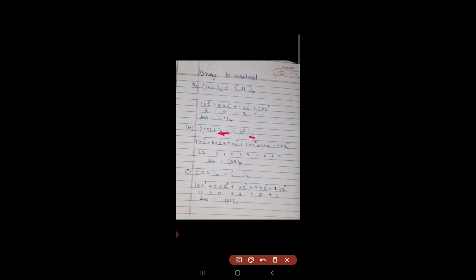The method will remain the same, and for this we get the answer 38. Third one is 10101, a binary number to be converted to decimal. According to the given method, the answer is 21. Here in the bracket also you have to write 21. Okay children, all these you have to do in your fair computer copy.